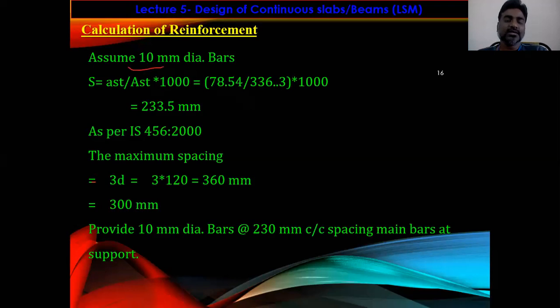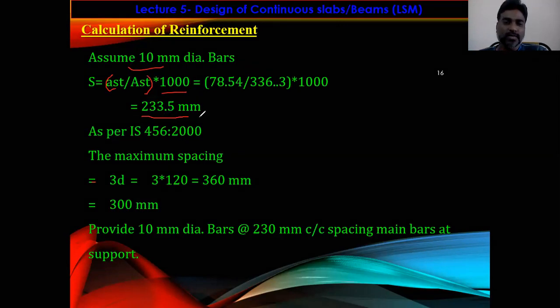So assuming 10 mm dia bars, then the spacing required is small ast by capital AST into 1000, that means 1 meter width. So that is 78.54 by 336.3 into 1000, that is 233.5 mm. So this is the spacing required to resist that much of bending, right?